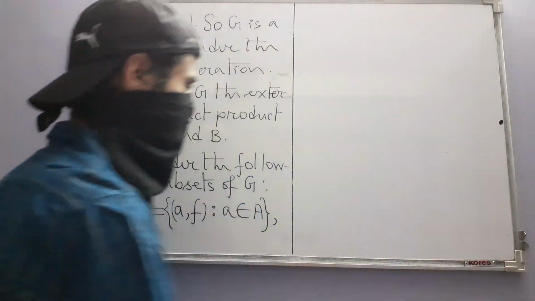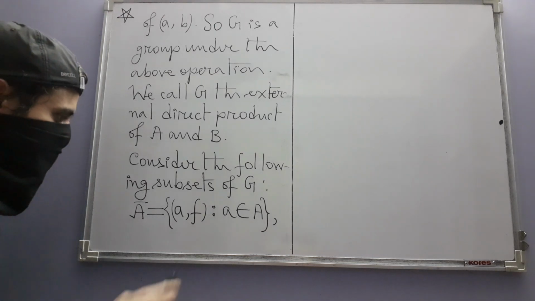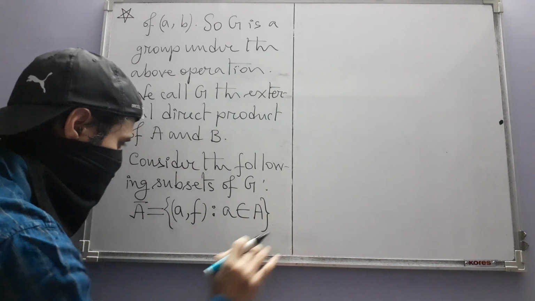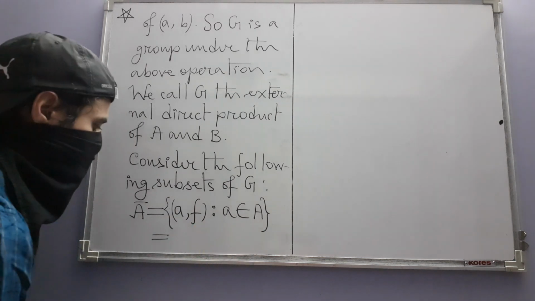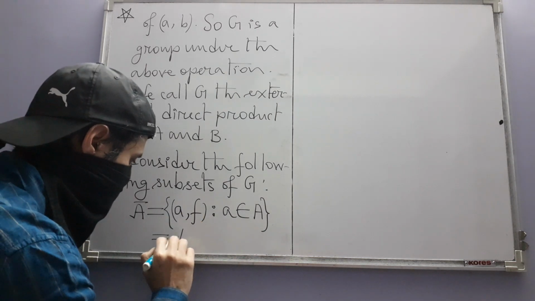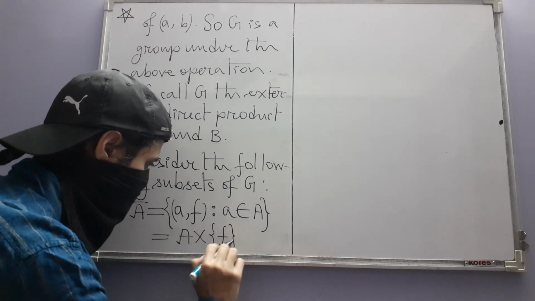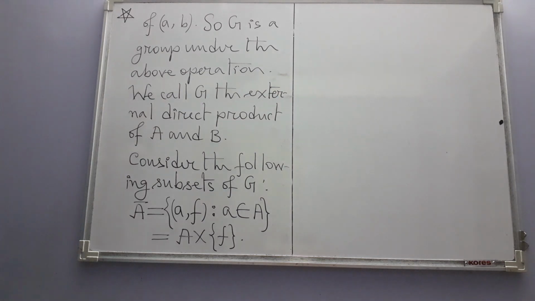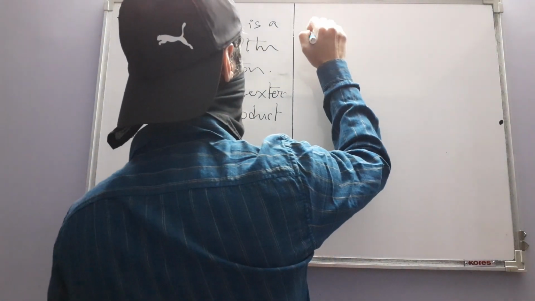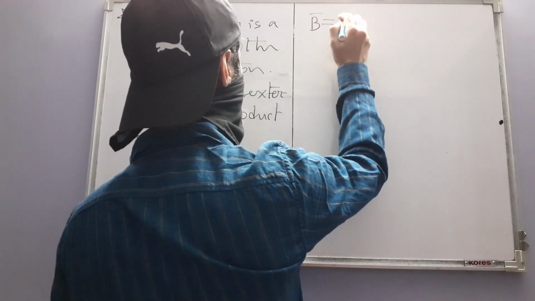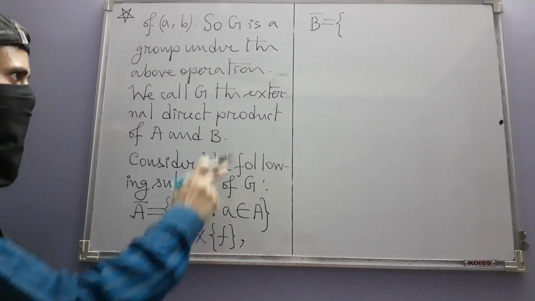If you still want to look at this set in another way, this set itself is also a Cartesian product. It's the Cartesian product of A and the singleton set F. That's what it is. And the other set is B bar. You can almost guess what we are going to do here.